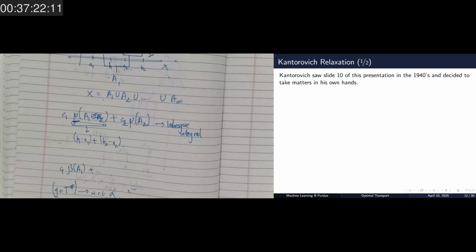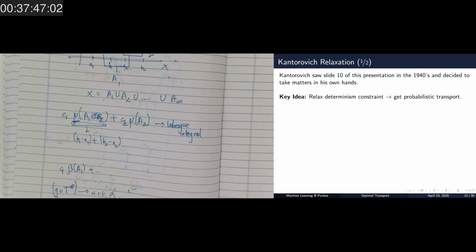Okay. Back to slide 10, where we observed the fact that Monge's assignment problem is not very easy to solve. Kantorovich saw this, he saw all of the problems and decided that he was going to take matters into his own hands and propose a fix. He proposed a fix by basically relaxing the problem.